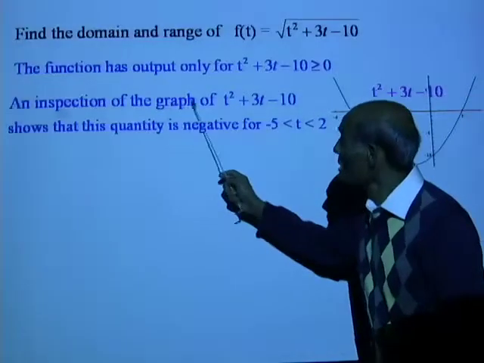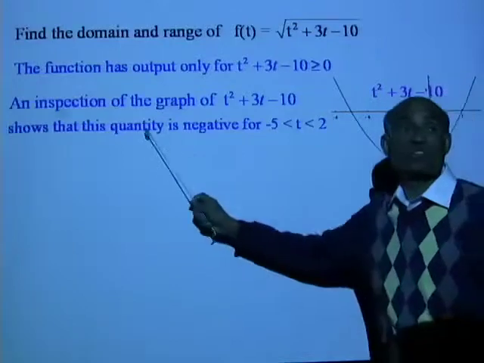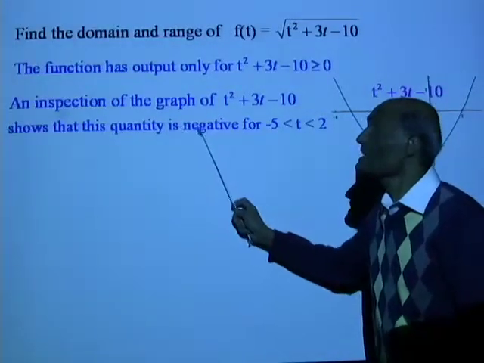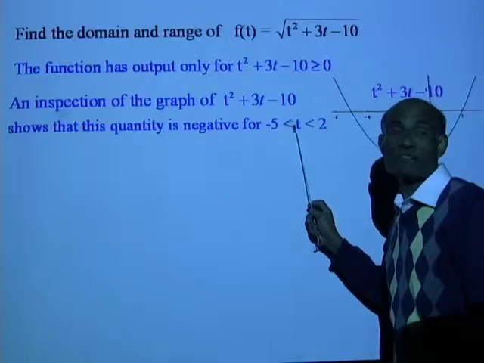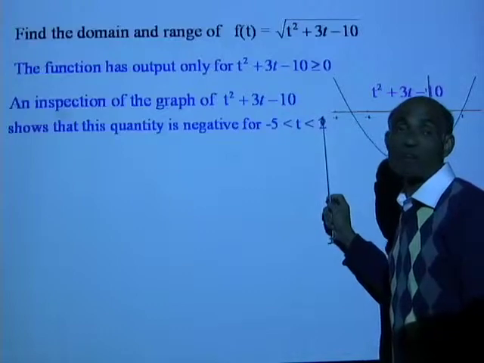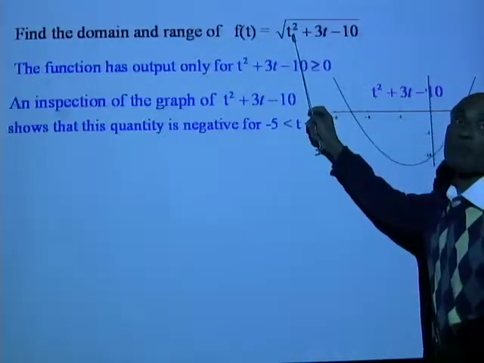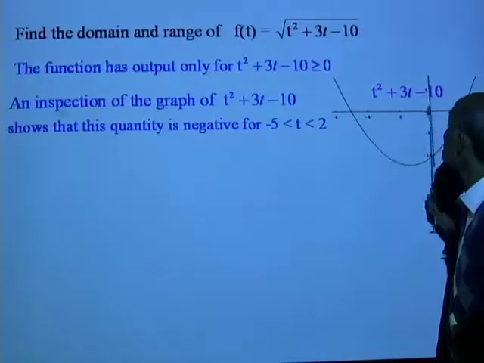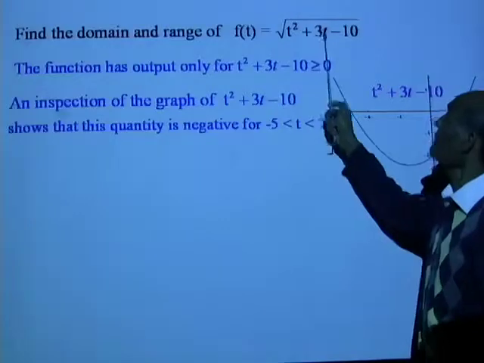So an inspection of the graph of t squared plus 3t minus 10 shows that this quantity is negative in this interval, -5 less than t less than 2. Between -5 and +2, this quantity is negative, and therefore these t values are not in the domain of this function.